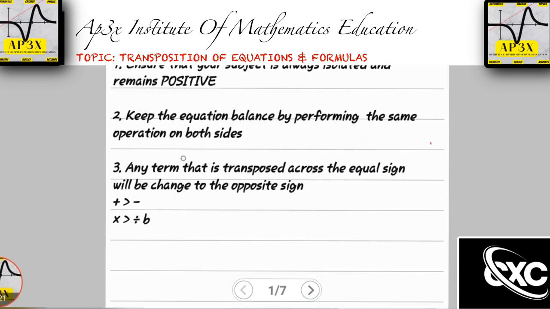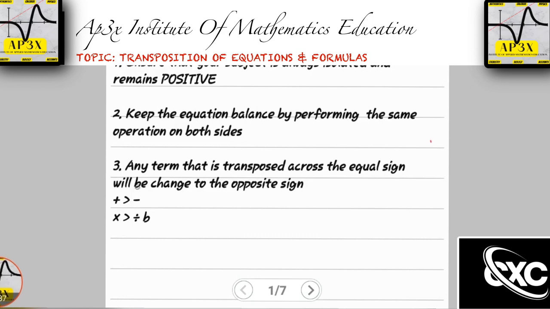Rule 3 says that any term you bring across the equal sign, or even an inequality sign, must have its sign changed to the opposite sign. This is very similar to rule number 2.